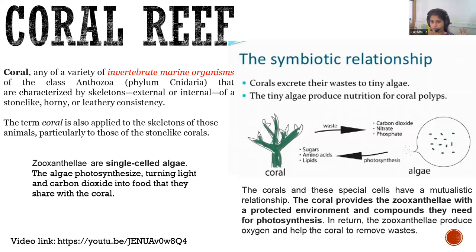Zooxanthellae perform photosynthesis. This sort of symbiotic association is seen between these, where products such as carbon dioxide, nitrates, and phosphates are given by coral reefs. In turn, as photosynthetic products, certain sugars, amino acids, and lipids are given to the coral reefs by the algae.